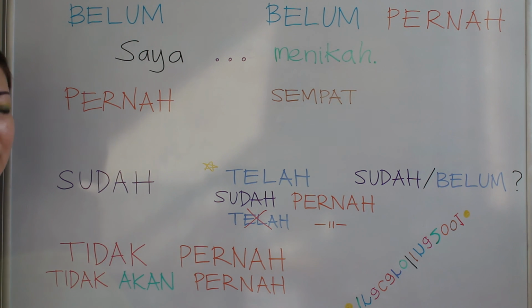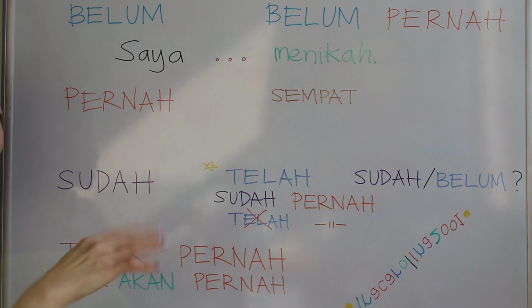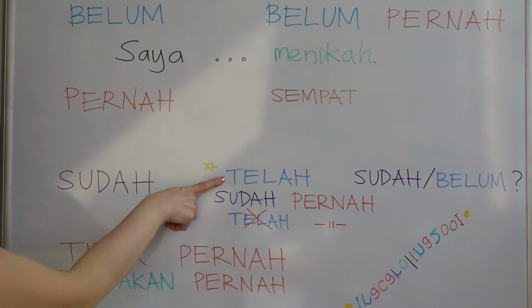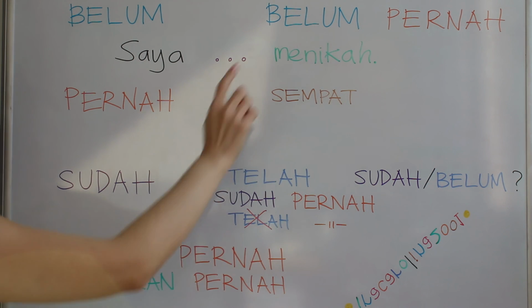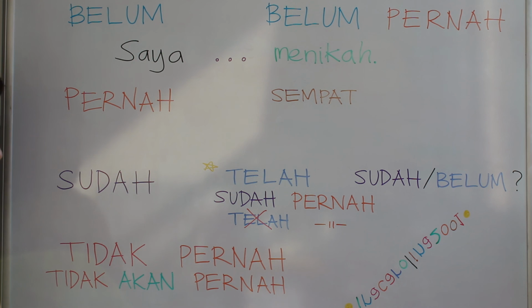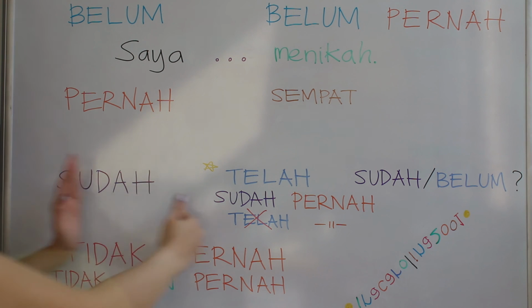Maybe now you're divorced or not married anymore, because you have done it before, long ago. Have once or have ever, but not anymore now. Sudah pernah. So telah stands alone. You cannot put it with pernah. But if sudah stands alone, you can replace sudah with telah.